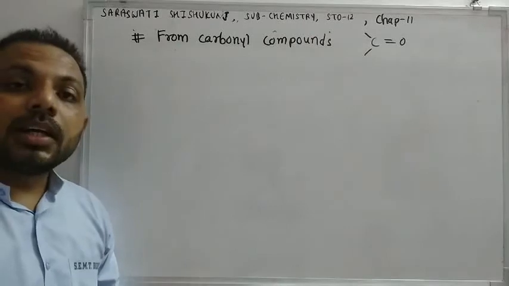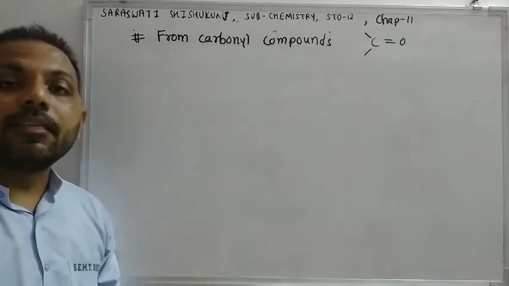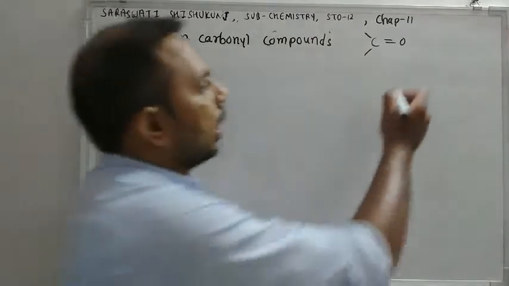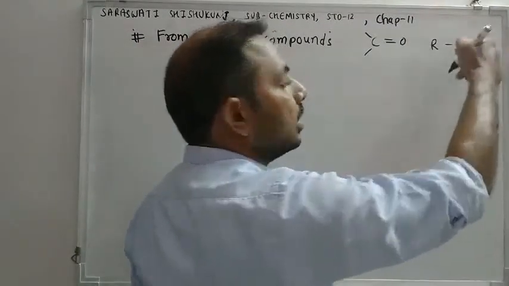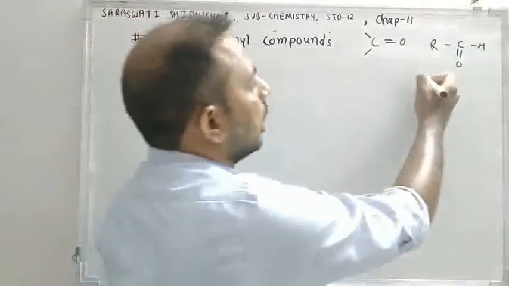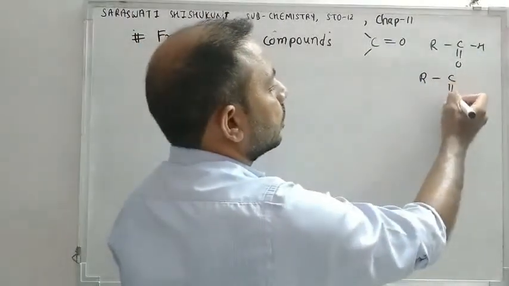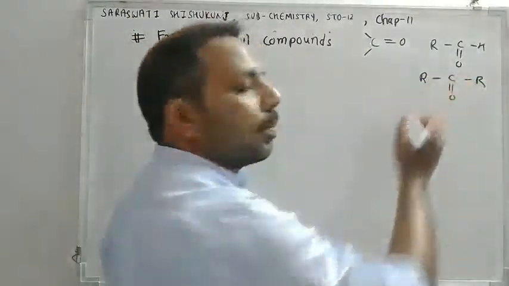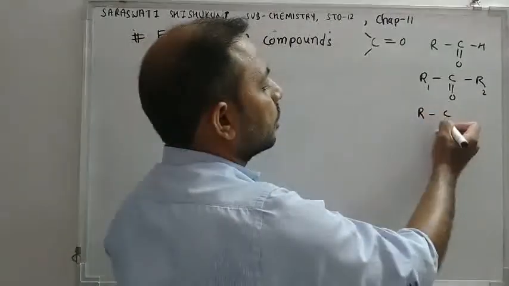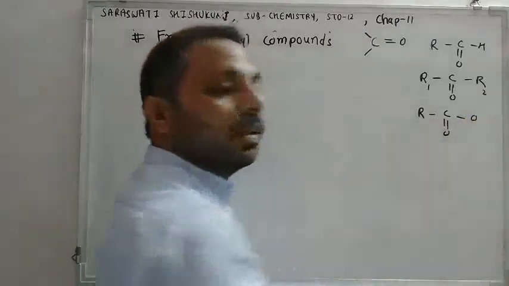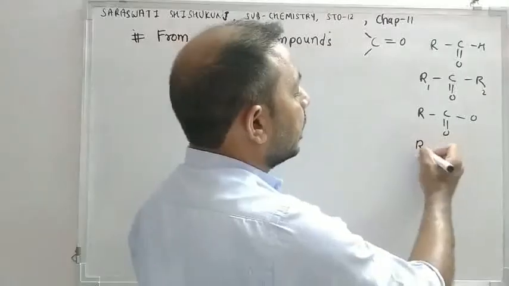Now, which functional groups have carbonyl groups? Aldehyde, C double bond OH, has a carbonyl group. Ketone has a carbonyl group. Or we can write ester, or carboxylic acid.